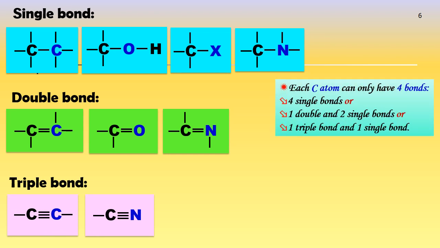For carbon atom, each atom can only have a maximum of 4 bonds, which can either be 4 single bonds, 1 double and 2 single bonds, or 1 triple bond and 1 single bond.